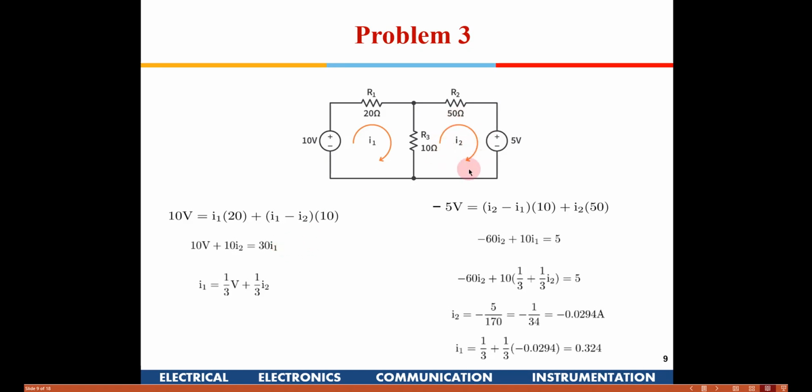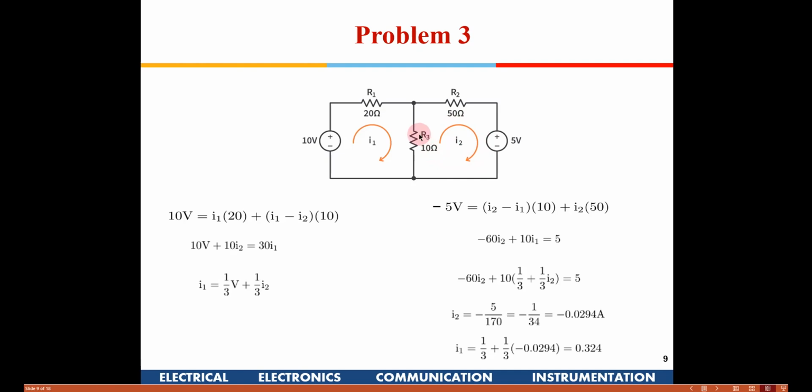Similarly, writing the mesh equation for the second mesh. If you are writing KVL for the second mesh, since the current is going into the source from the positive terminal, we have taken that voltage to be negative, so minus 5 volts. This is where we need to be careful. Then through this resistance, we are talking about the current in this direction, which we have taken as positive.